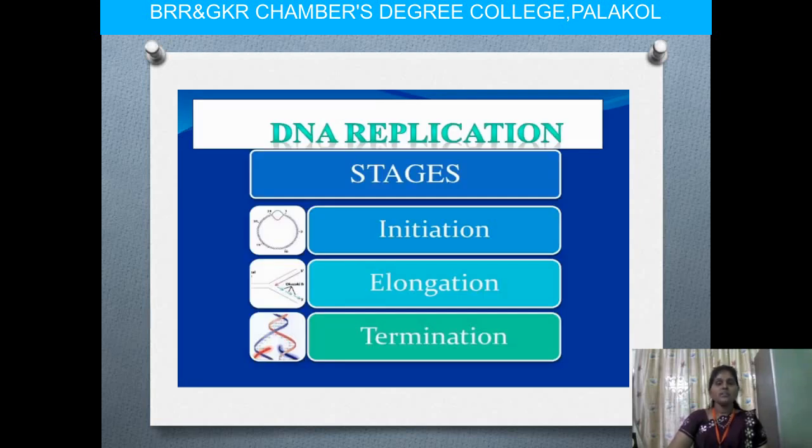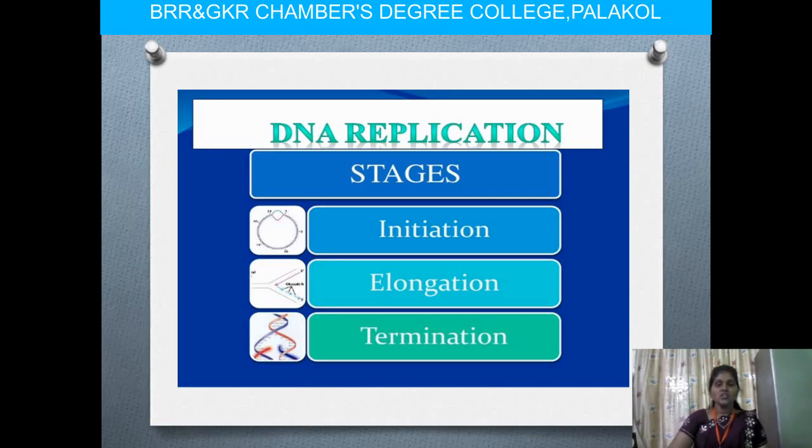In how many stages can DNA replication occur? There are mainly three stages of replication. The first one is physical separation of DNA strands, meaning the parental strands will be separated. That is called initiation. The next one is elongation.